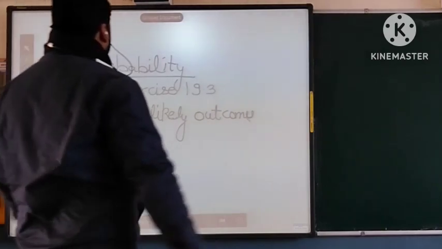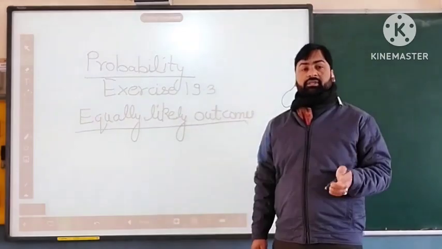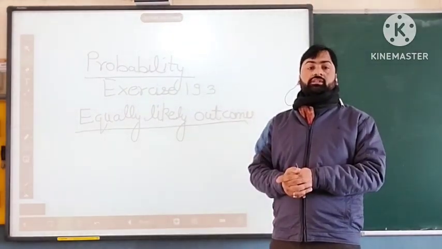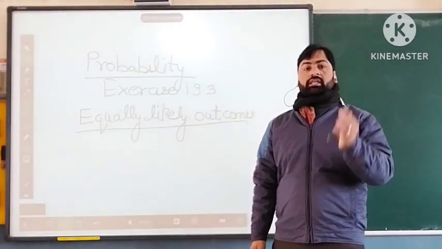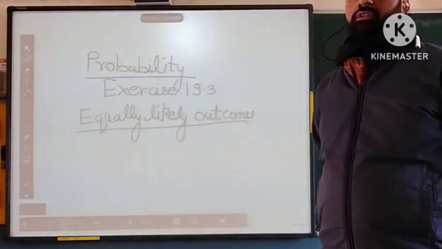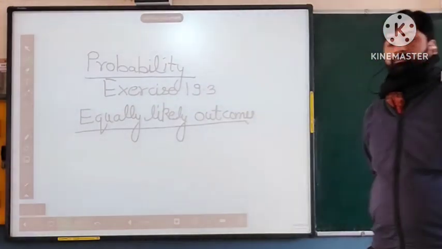Means if you are doing a particular experiment, all the results have equal chance. It is not that you have a coin and only head will come, or you have a coin and only tail will come. That is not possible. So what does it mean? It means all the outcomes have equal possibility.